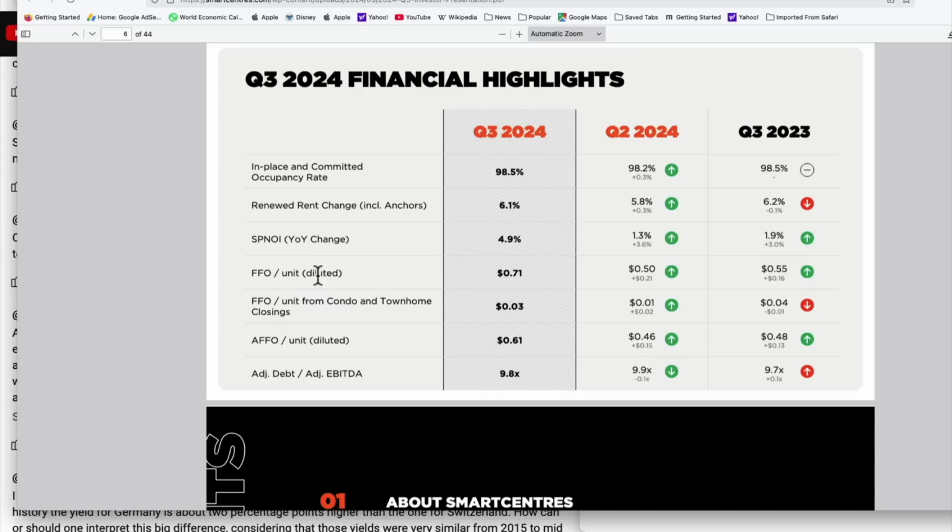This is FFO, and this is a diluted 55, right around 56, a little lower than the 56, 71 cents. If we look at the adjusted FFO, 61, 46, 48 is rather. So the payout is on average probably at about 100% of AFFO. But it is a REIT.